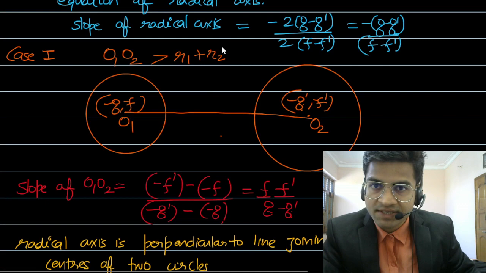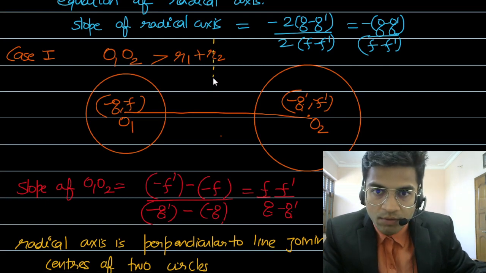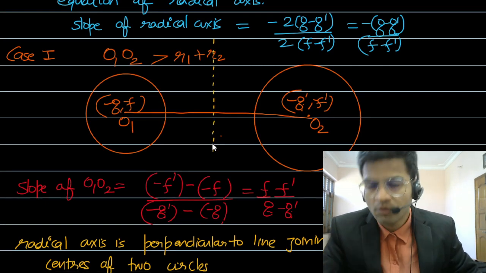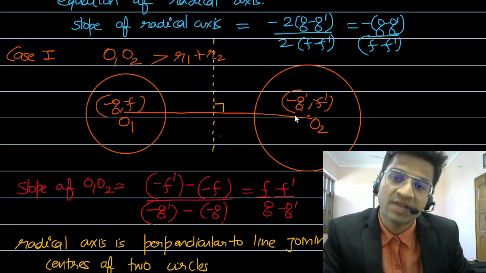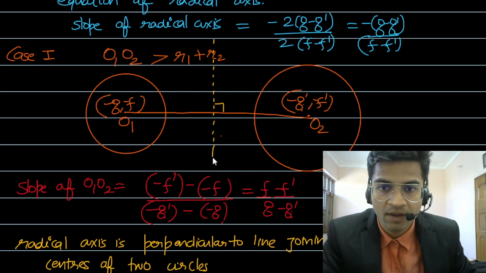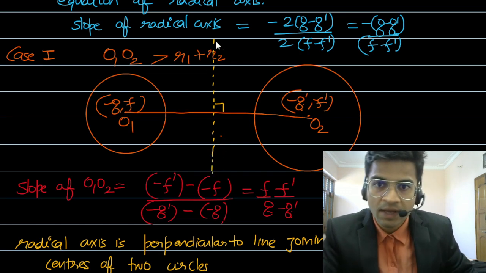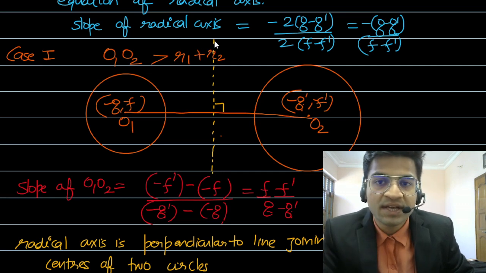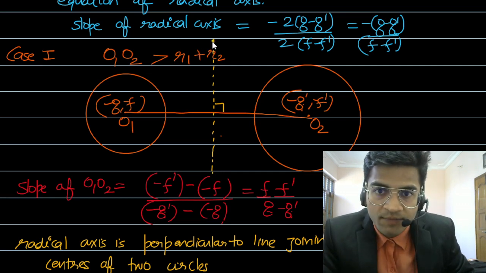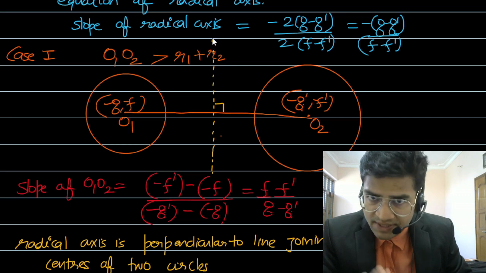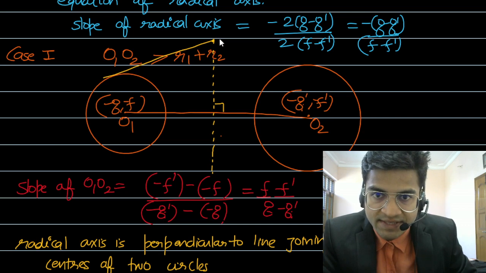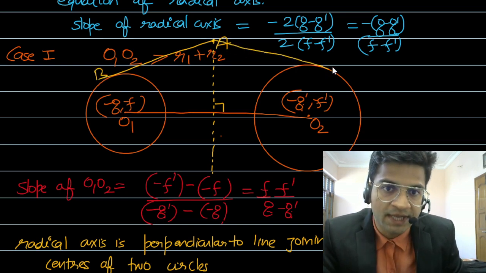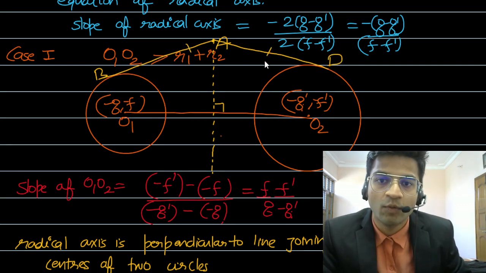So the radical axis is a locus of points, but now we can say it is a line which is perpendicular to the line joining the centers of the two circles. And tangents drawn from any point of this line to the two circles are equal in length. So this yellow colored line segment, let us say this is A and this is B, so AB should be equal to AD.